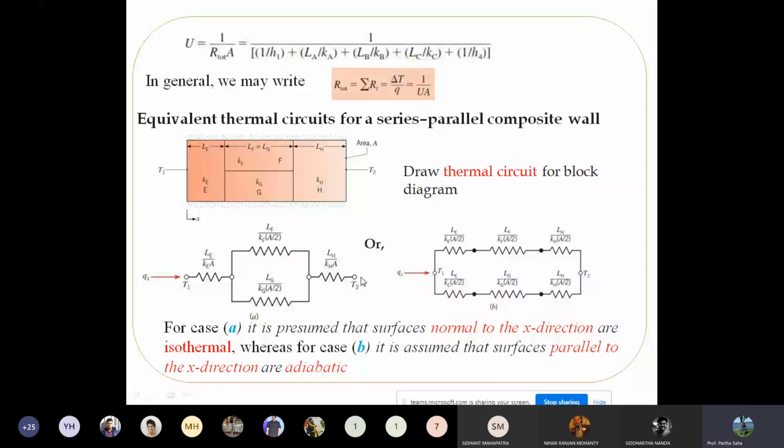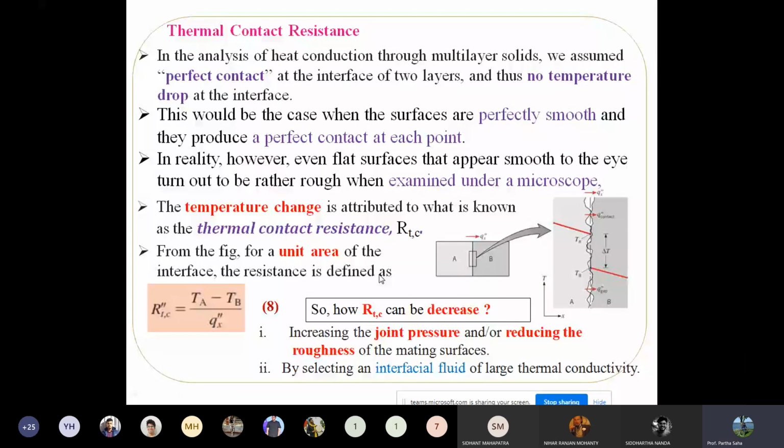Now I think in the first class we talked about one parameter called thermal contact resistance, which is taken into consideration when you do any problem related to multiple layers or multiple walls being connected, and there is some sort of surface roughness which brings down the temperature drop, due to the heat loss at the surface.